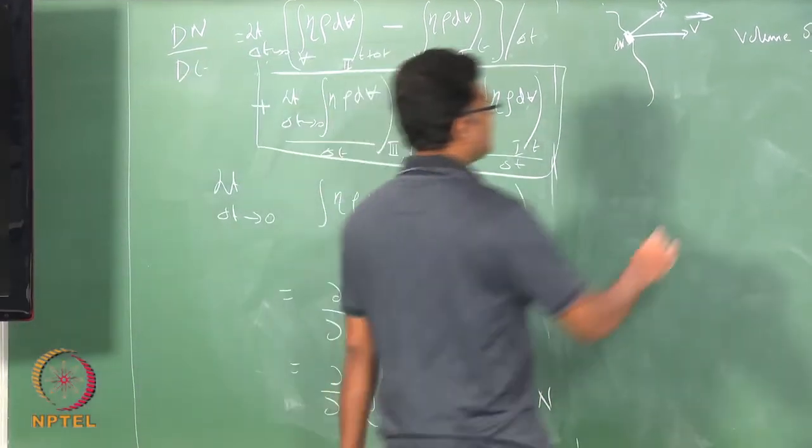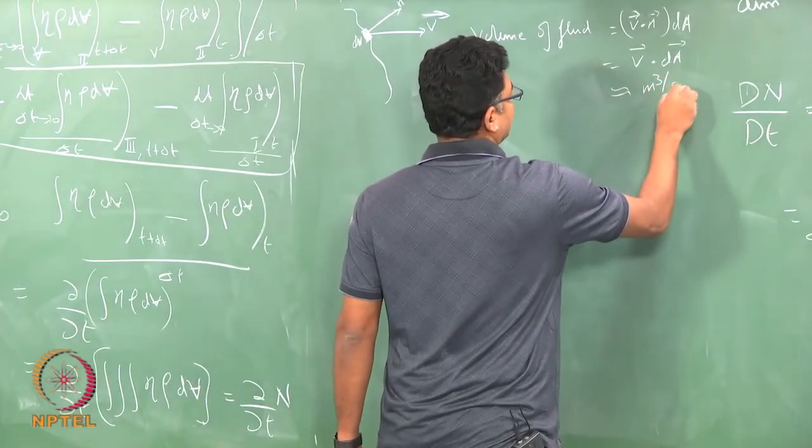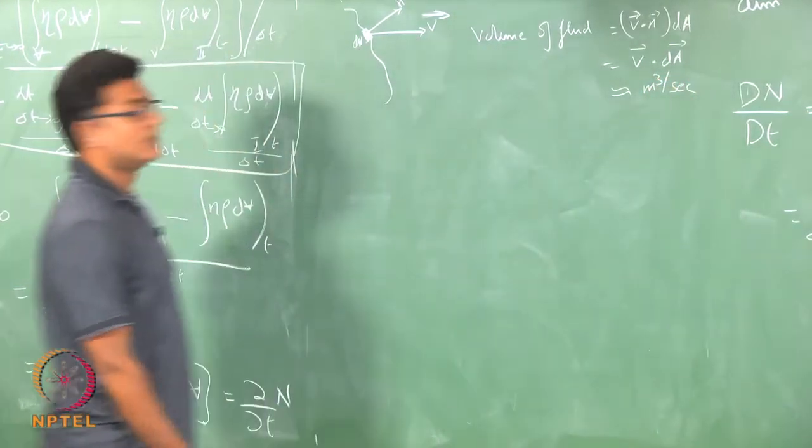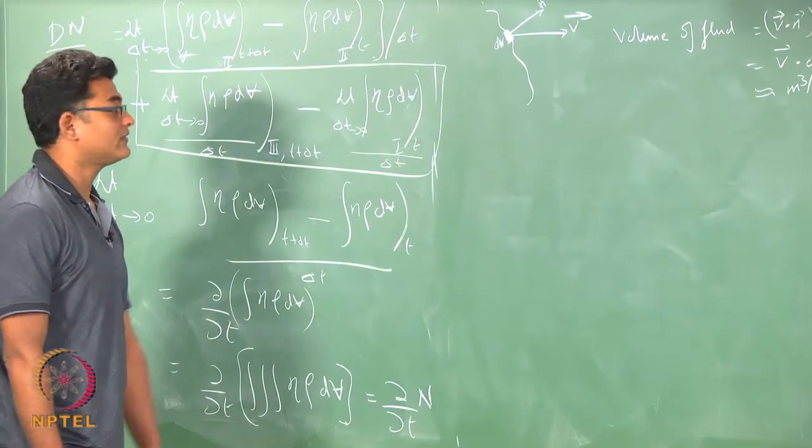The unit of this is meter cube per second, the volume flow rate that is coming out.